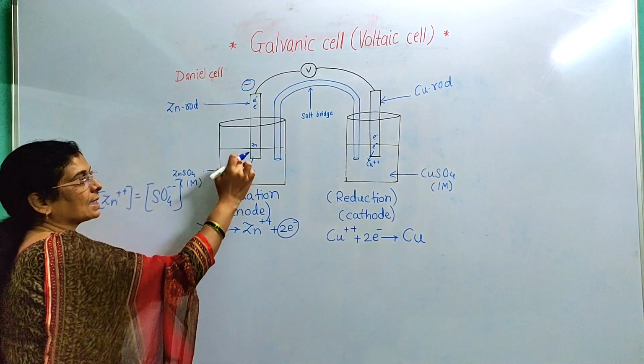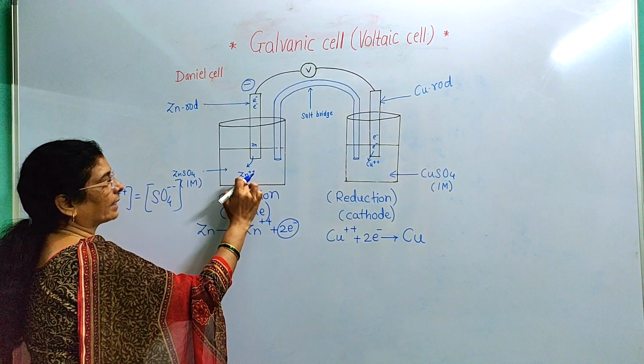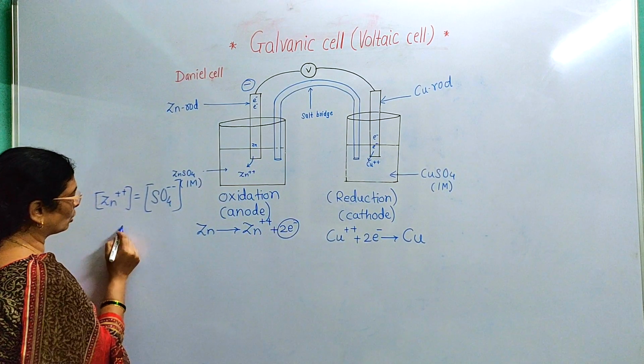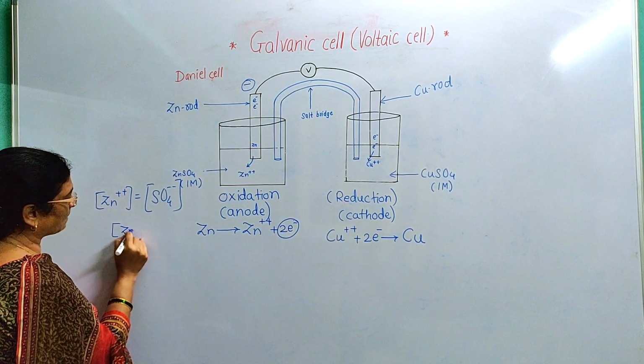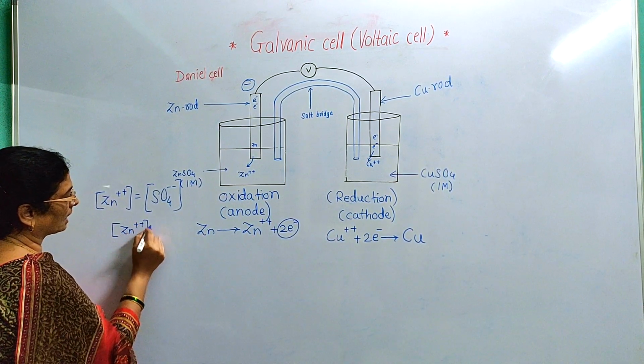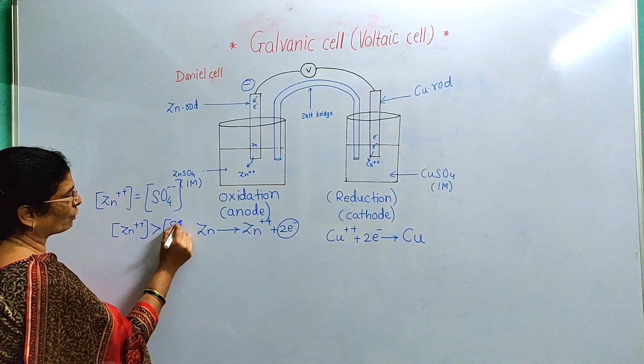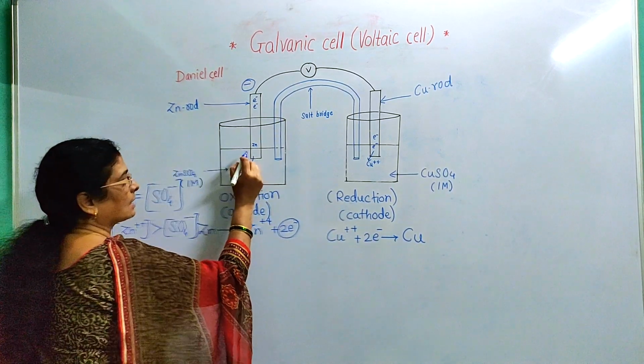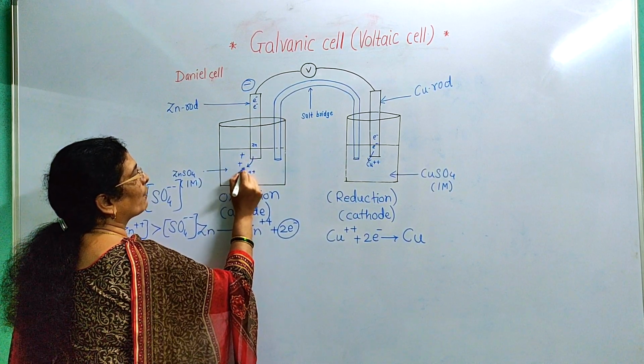But here Zn atoms lose electrons and get converted into Zn++ ions. So what will happen? In this solution, the concentration of Zn++ ions will increase compared to the concentration of SO4 2- ions. That means this solution will become positively charged.